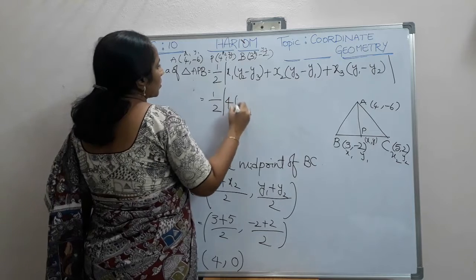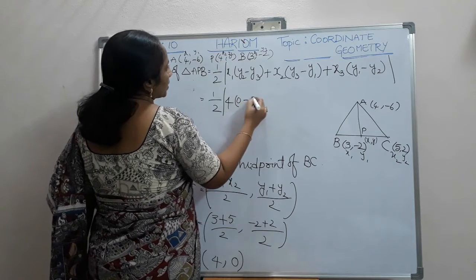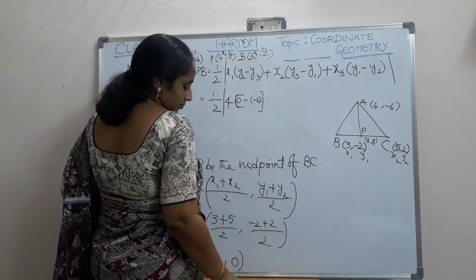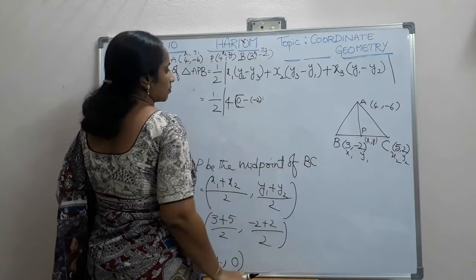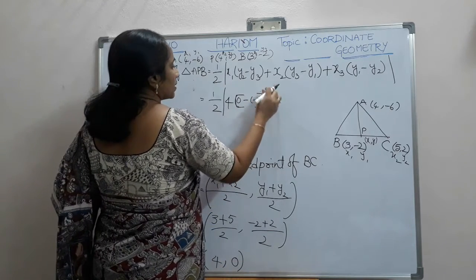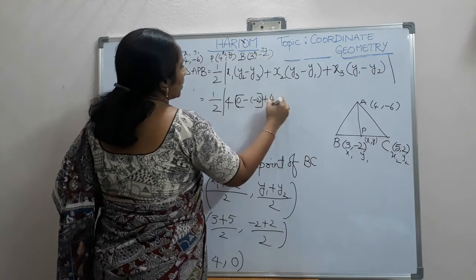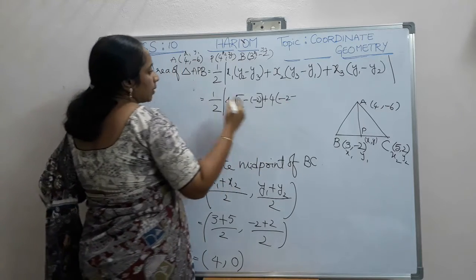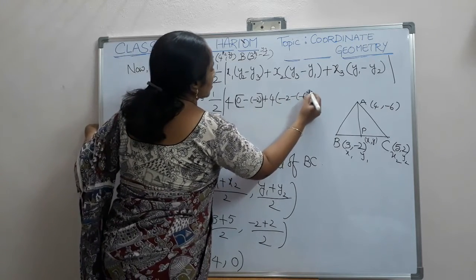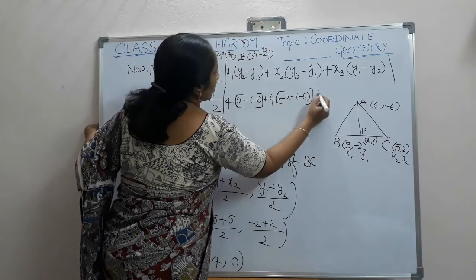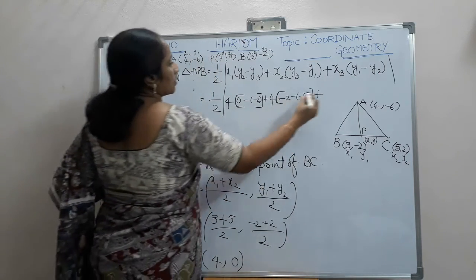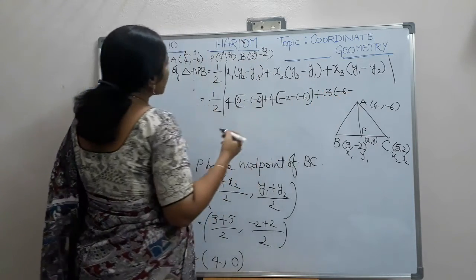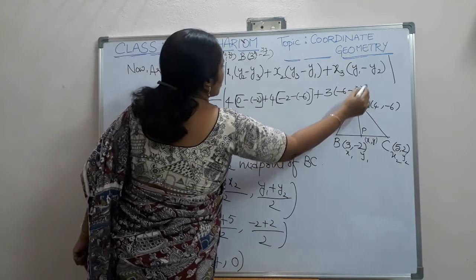That is 4 into (0 - (-2)) plus 4 into (-2 - (-6)) plus 3 into (-6 - 0).